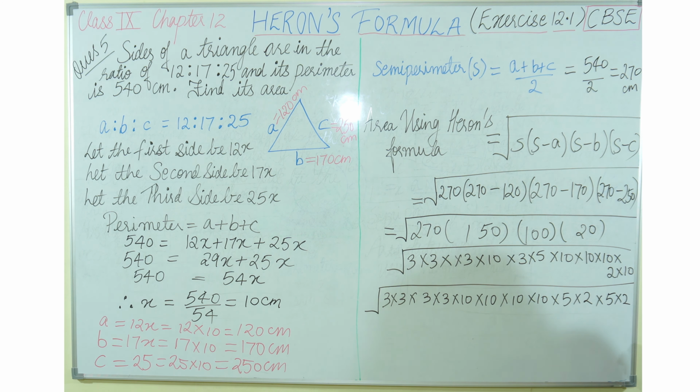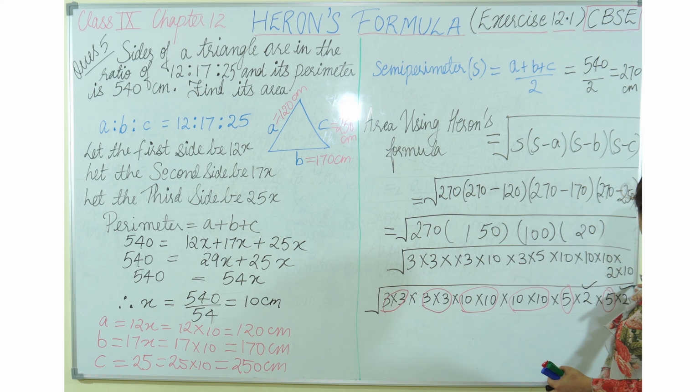So let us see what all pairs we are getting. One is this pair, one is this, one is this, and this 2. Ultimately what is left is 2.